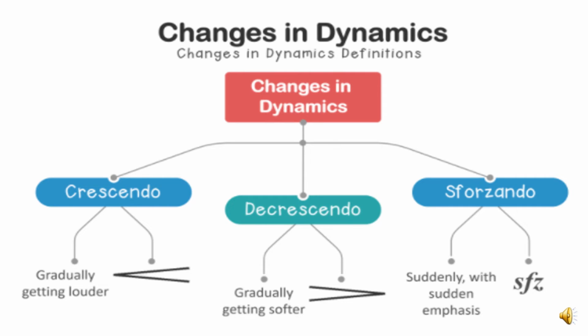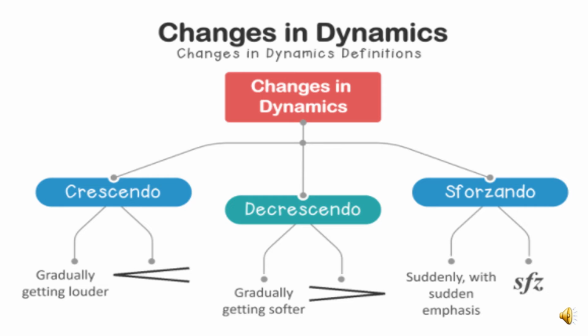And then you have the opposite of that, the decrescendo, where it looks like a greater than sign, that symbol, and it shows where it's open and it starts to grow smaller. And so that just signifies that the sound that is being played or sung should gradually get softer. And then we have the forzando, which means suddenly.